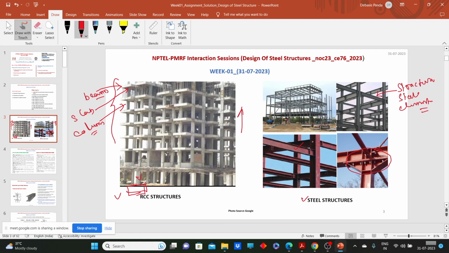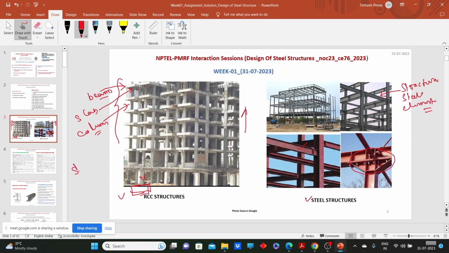Now let's find some differences with respect to a site civil engineer, the execution engineer. For the RCC structure, he or she needs to construct and cure all these elements. But for the steel structure, he or she needs to ensure that the connections are made as prescribed in the design.